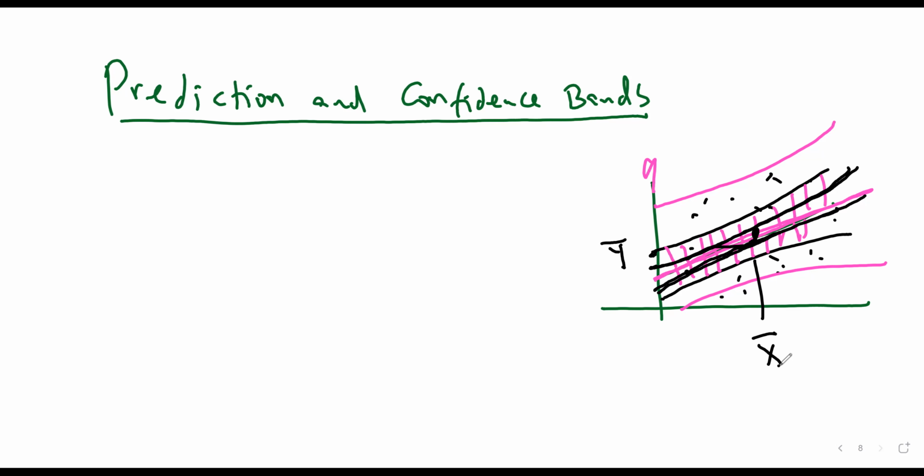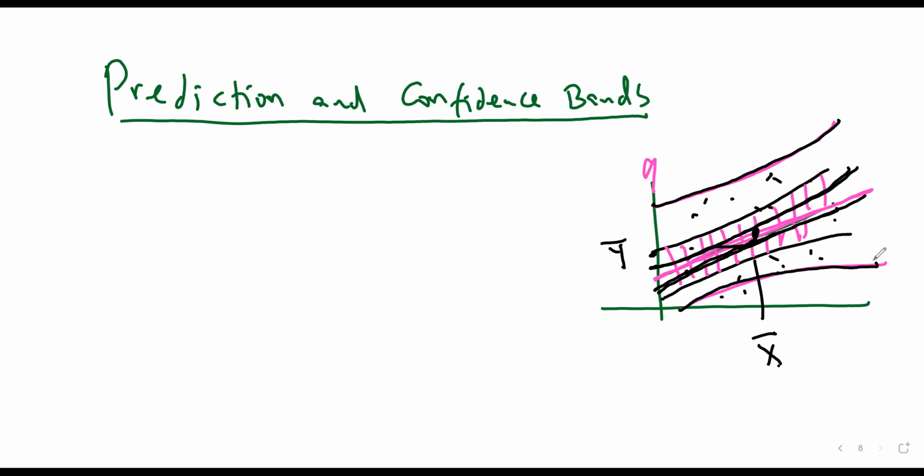Then the wider bands, or the prediction bands, include the uncertainty about the future observations. So the wider bands are about the observations, not about the fitted line. That's the basic difference. These bands usually capture most of the observations. Some of them may be left out, but they capture most of them.